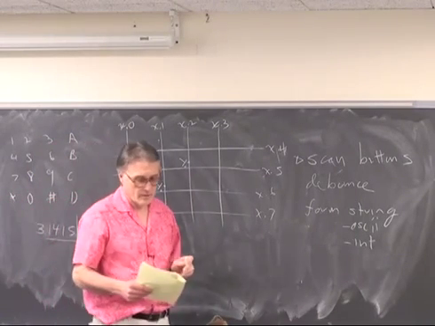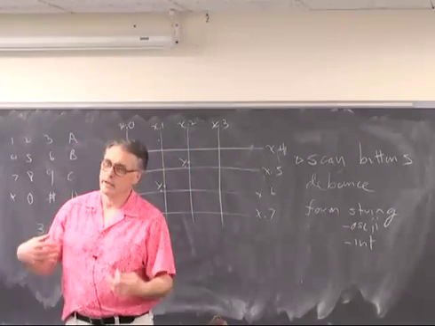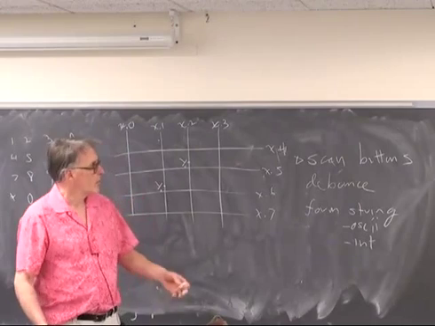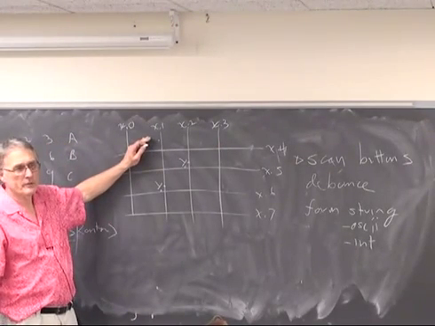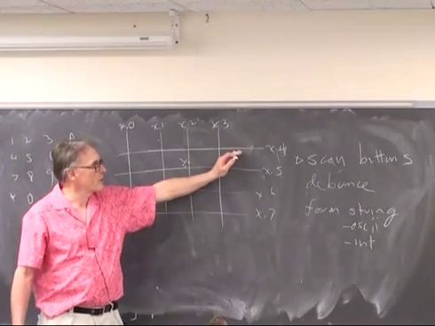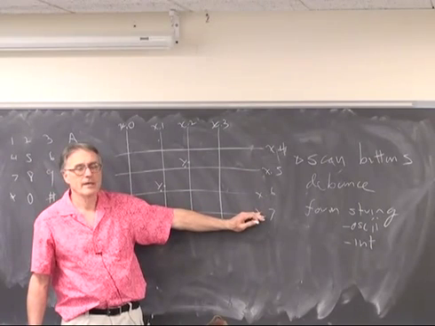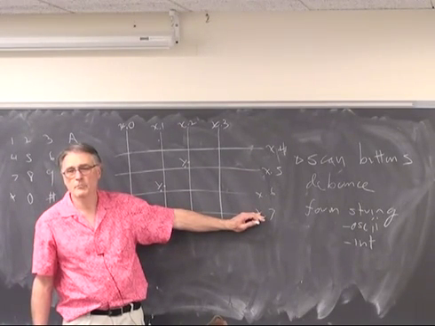So, let me say it first, and then I'll write it out, and then I'll write it again. We're going to set 4 of the lines to output low. And then we're going to read the input on the other 4 lines with the pull-ups turned on.